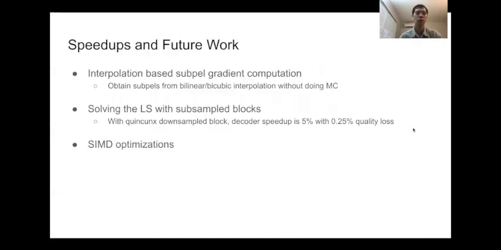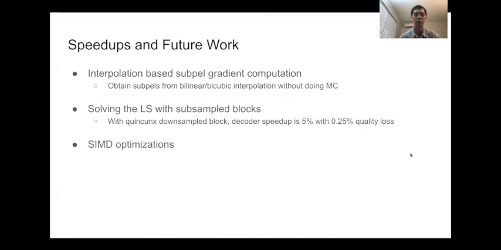And finally, I just want to mention some speed up methods and the future work. As I mentioned in the gradient computation slide, we need some motion compensation process to get the gradient. So we can also consider instead doing interpolation on the original predictor, like bilinear or bicubic interpolation, then we can skip some motion compensation processes.